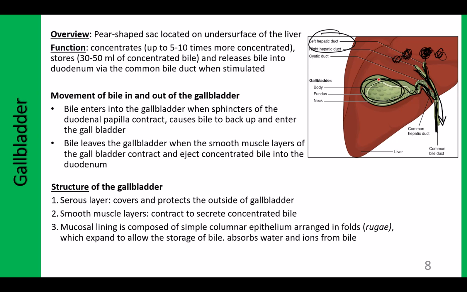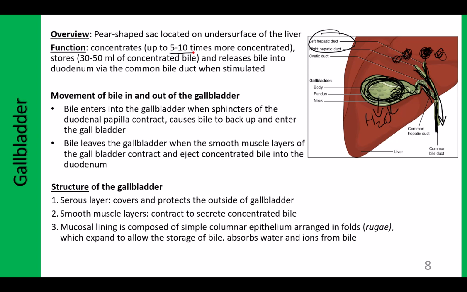The gallbladder doesn't have enough room to store a lot of bile, and so as bile enters into the gallbladder, water is absorbed, and the bile that's stored in the gallbladder becomes more concentrated. So it becomes 5 to 10 times more concentrated than it is when it's produced by the liver.